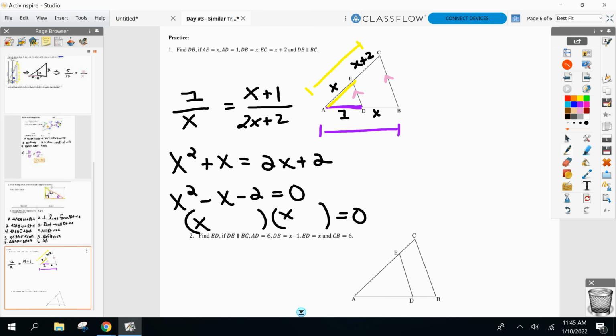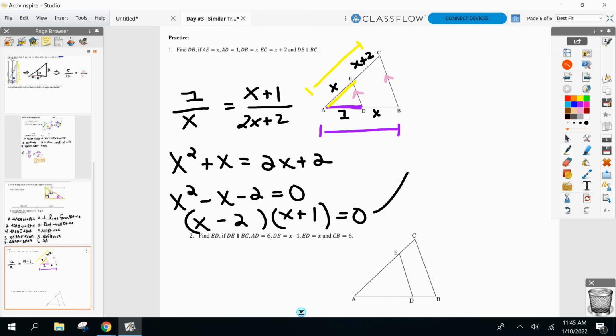Can you find the two numbers that should go there? Multiplies to this, adds to this. Hopefully, we're finding the numbers as minus 2 and plus 1 when I factor.